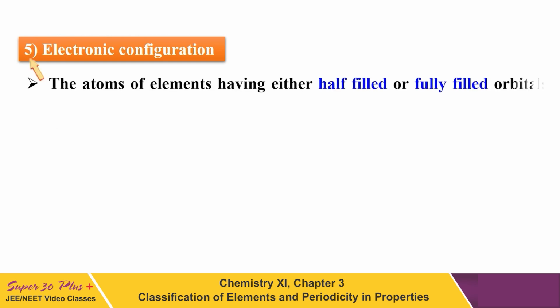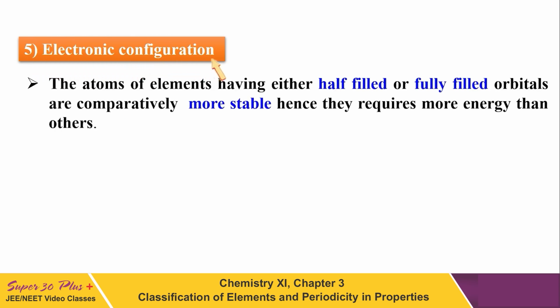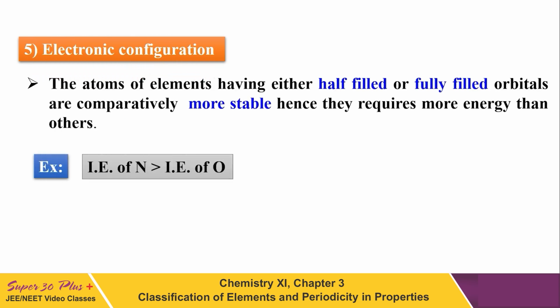And the next factor is electronic configuration. See, whenever electronic configuration is stable, what do you mean by stable configuration? Either they are half filled or fully filled. So for the p subshell, half filled is p3 and fully filled is p6.